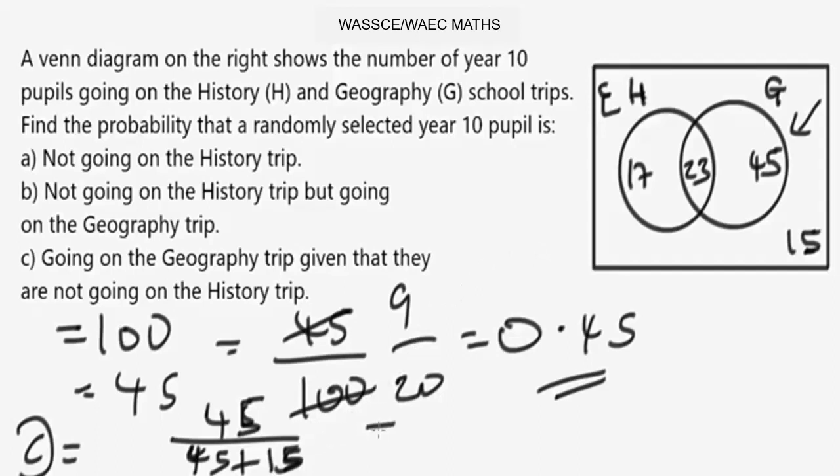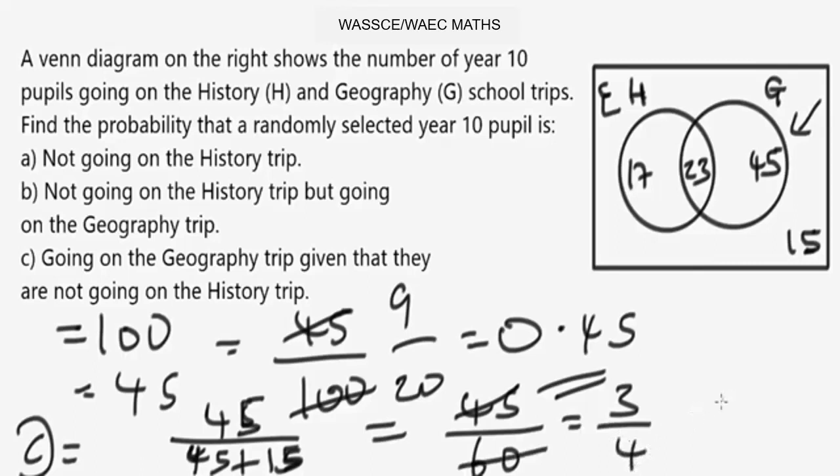So when you bring this together, it gives us 45 over 60. When you break this down, 15 into 45 is 3, and 15 into 60 is 4. So 3 over 4 gives us 0.75. And that will be the answer to this question.